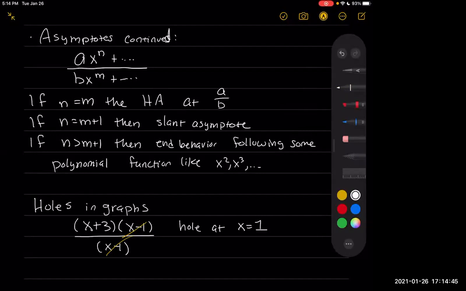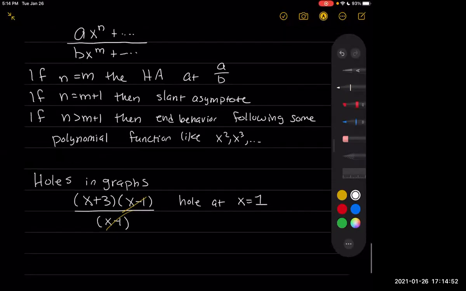So this will still follow the graph of x plus 3, except there will be a hole when x equals 1. And then our domain will respect the hole there, and it will be separated out.